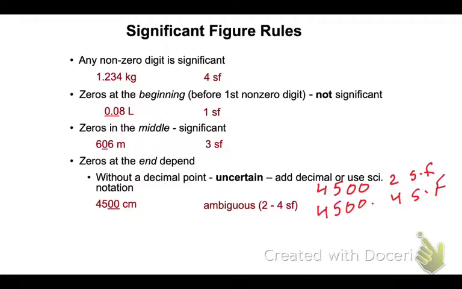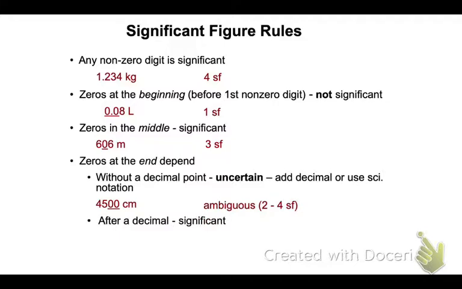Sometimes in certain books, I just want you to be aware of that, they will put a dash above the last significant digit, and in that case, what they are trying to tell you is that this 0 here was significant but this one was not, and in this case it will be 3 sig fig.